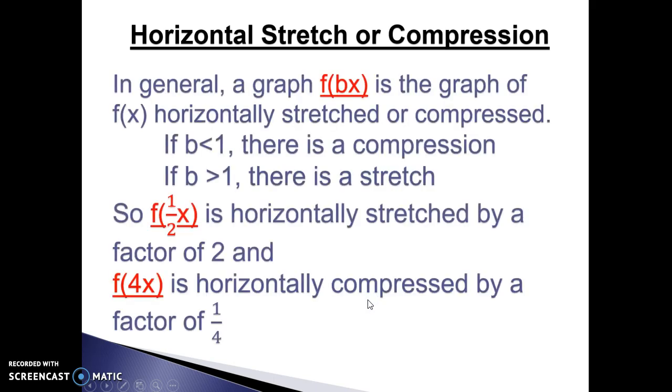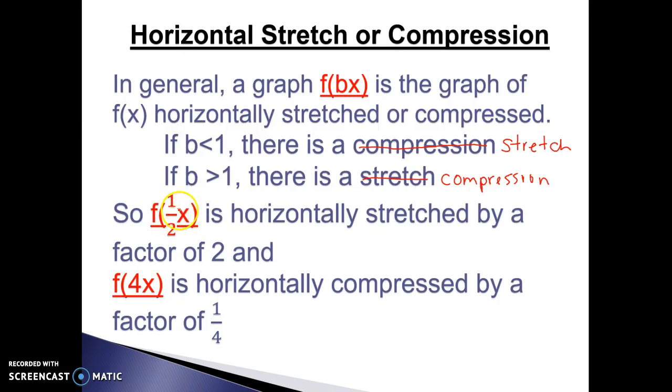All right, so here is in general what happens. If you have a graph, f of bx, and the b is less than 1, then there is a compression. Actually, that is wrong. Then I need to fix that. All right, there, that is fixed. Sorry about that. I fixed the ones at the bottom and I didn't fix that one. So you can see that if it's less than 1, it is a stretch, and if it is greater than 1, it is a compression.